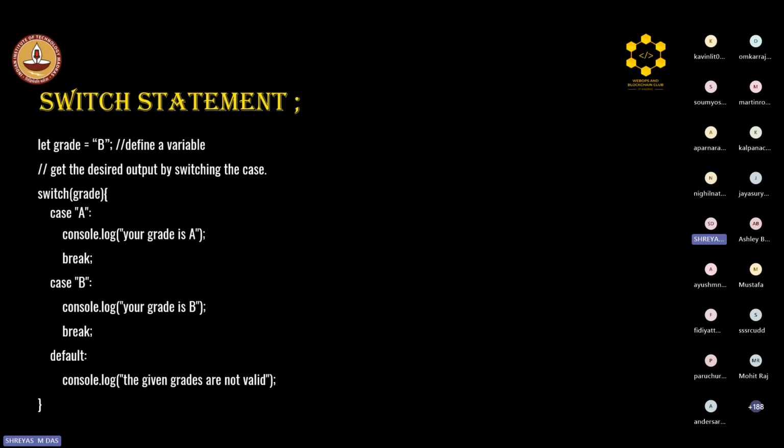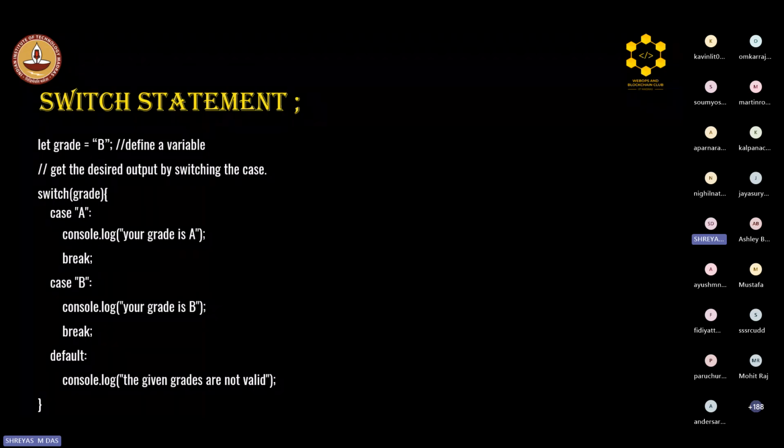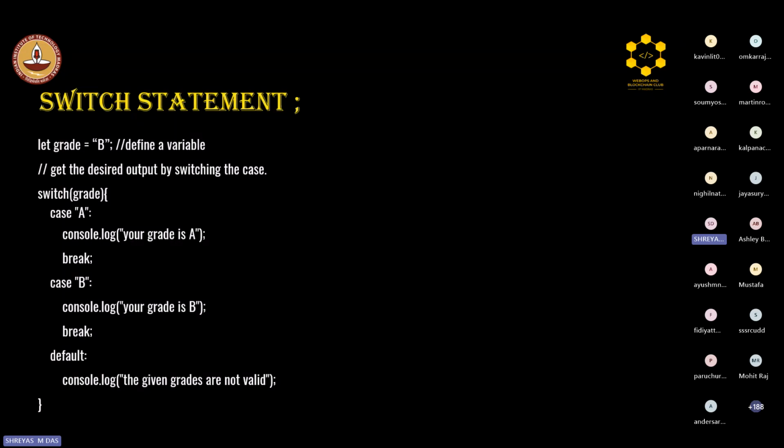And if the first case is false, it will go to the second case and check, and if that case is true, it will print the corresponding thing. Similarly, if none of the cases match, we have to write the default, console.log, that the given grade is not valid. So like this, we can use the switch statement instead of if else.